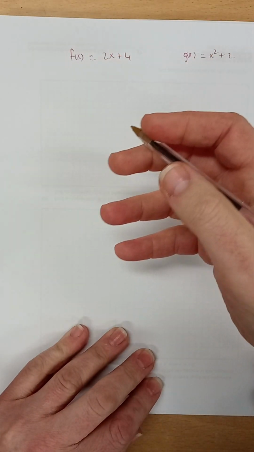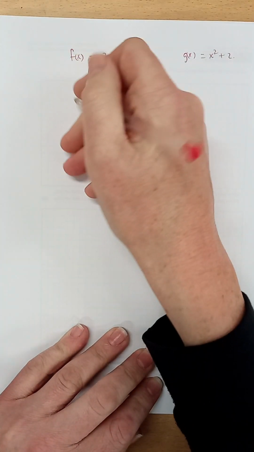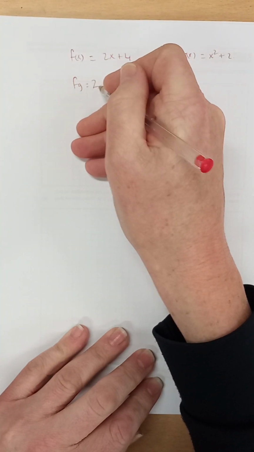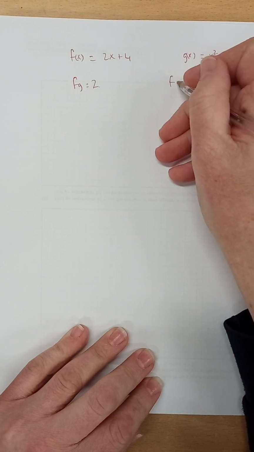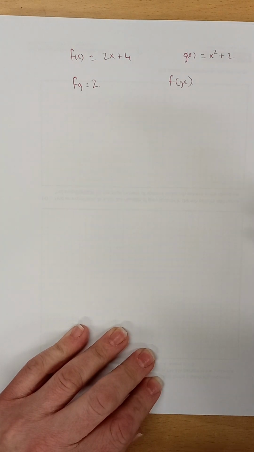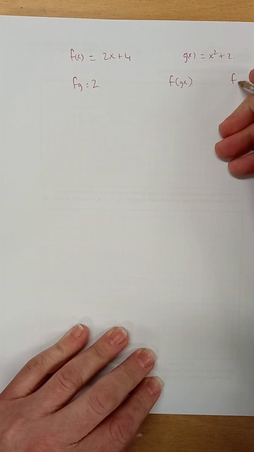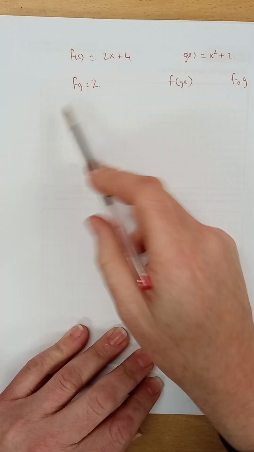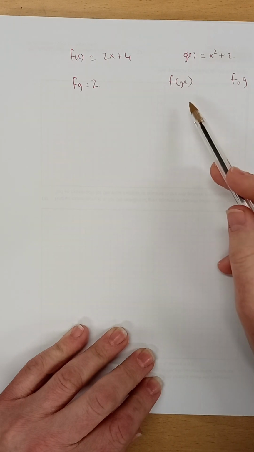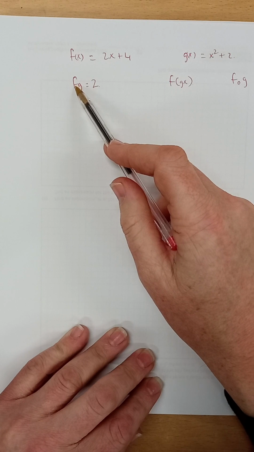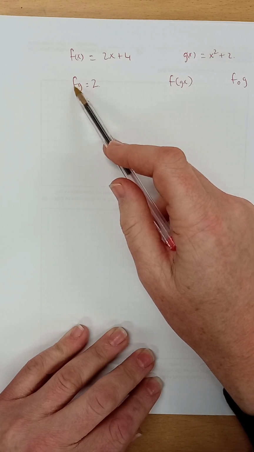For example, I've seen it written f of g, I've also seen it f of the g of x, and then I've also seen it as f∘g. All they mean is the same thing. Basically what they're saying is get the g of x, substitute it in for where you'd see x in the f of x, and then do something to it.